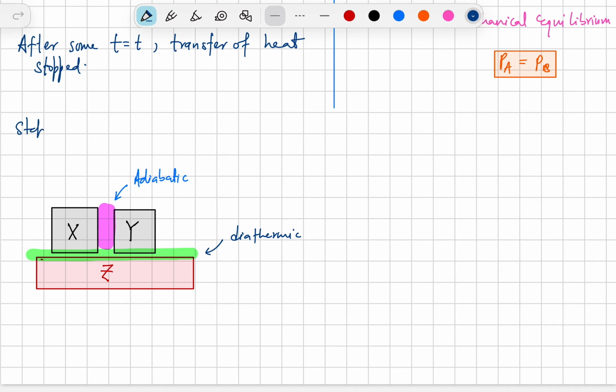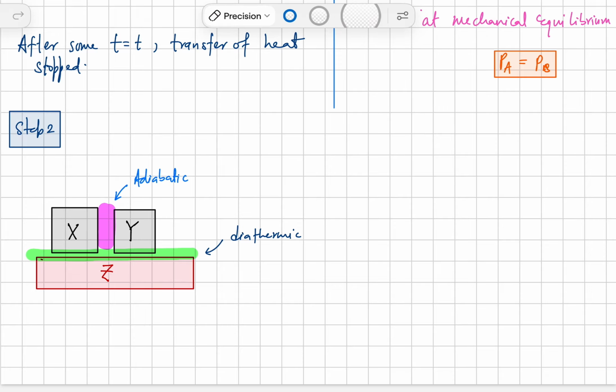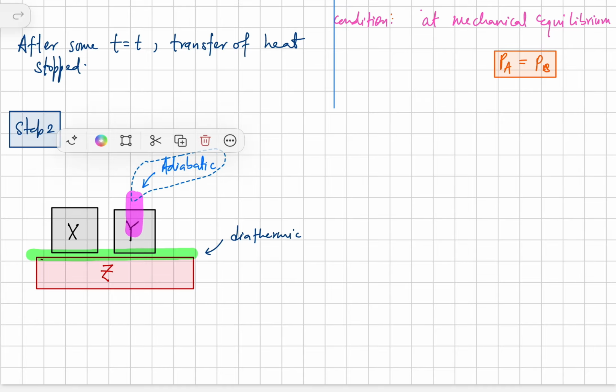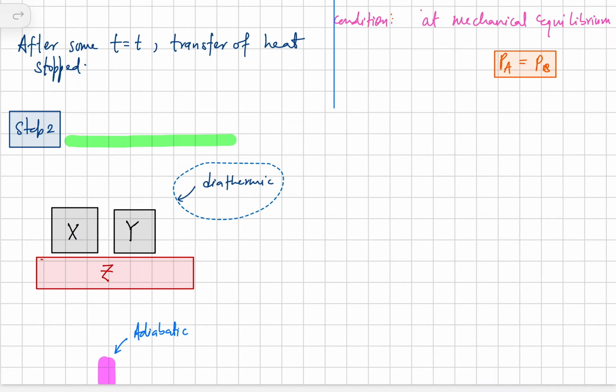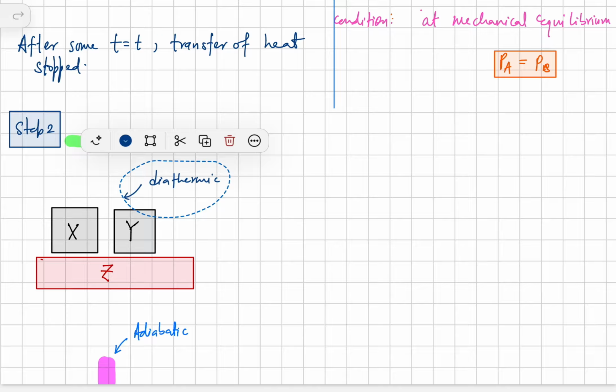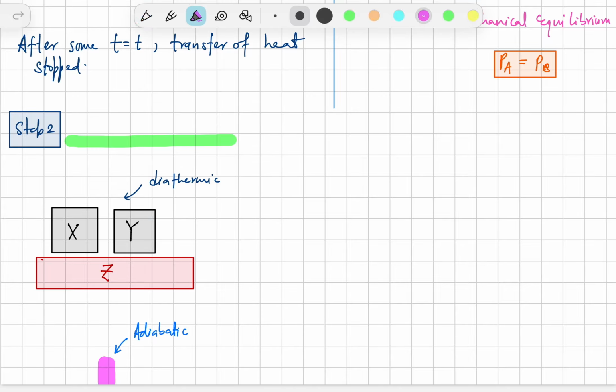Step 2. If we exchange the walls, let me make those walls first.